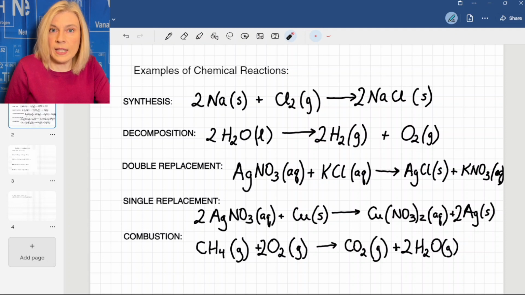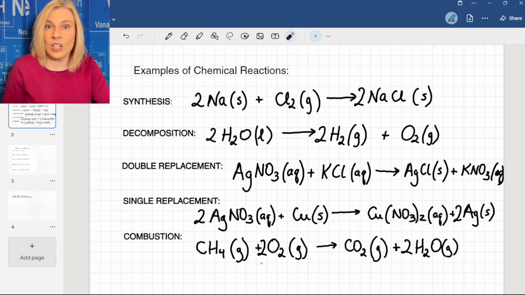Single replacement here. What happened? What switched places with what? Oh, it looks like silver switched places with copper. Here was my single replacement reaction. In combustion, my carbon-containing compound reacted with oxygen to form carbon dioxide gas and water.